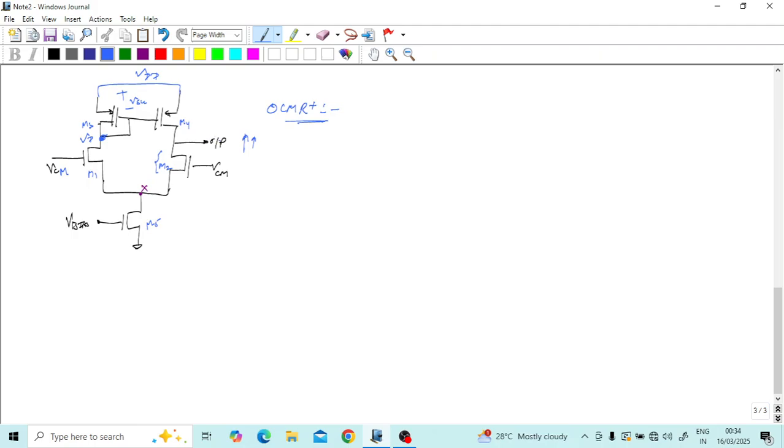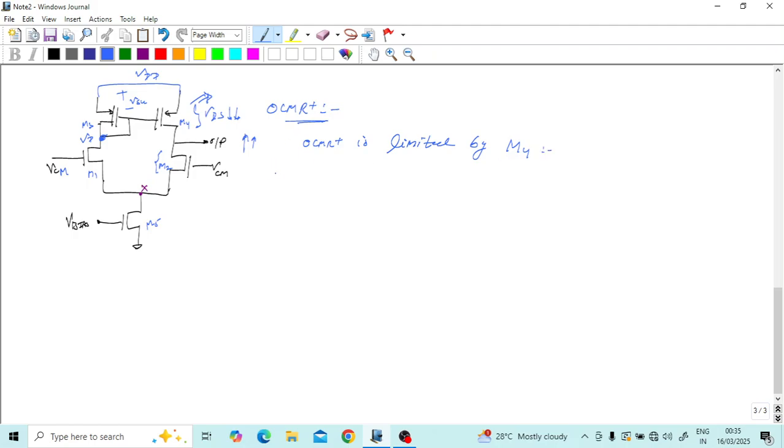But the VDS of this is decreasing, or we can say VSD is decreasing. So this transistor will go out of saturation. So we can say that OCMR plus is limited by transistor M4.